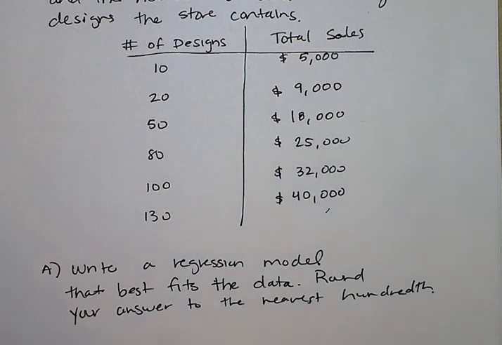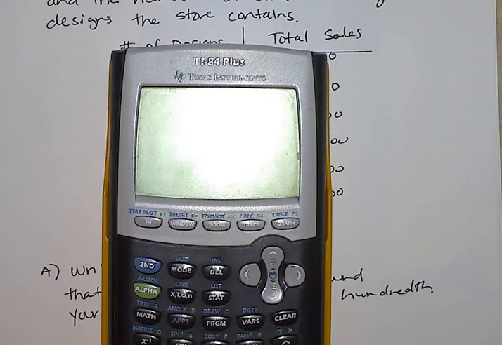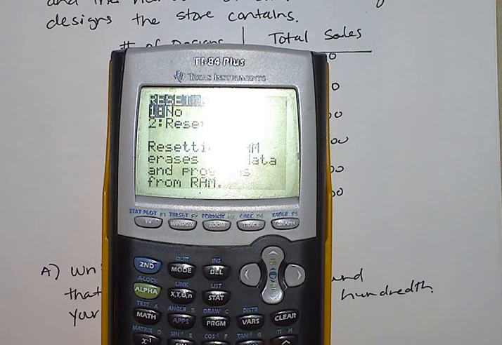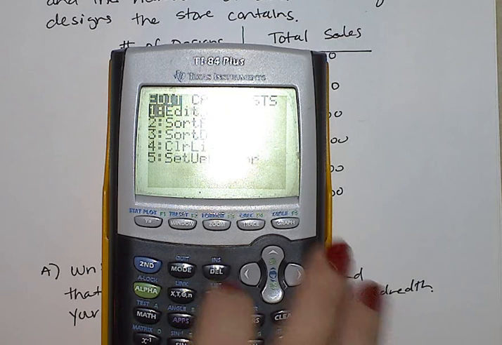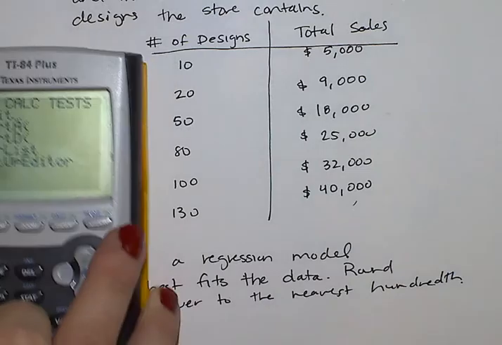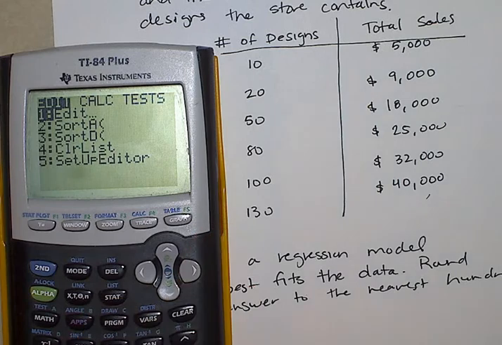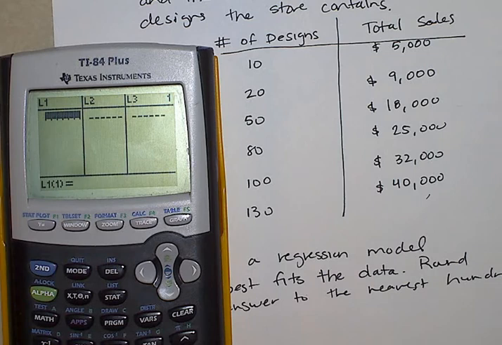So again, grab your calculator. Please do a second plus 7 1 2. And we're going to start by plugging in the data. Remember, after you hit stat and you press enter, you have to have L1 followed by L2. If you don't, just grab a different calculator.